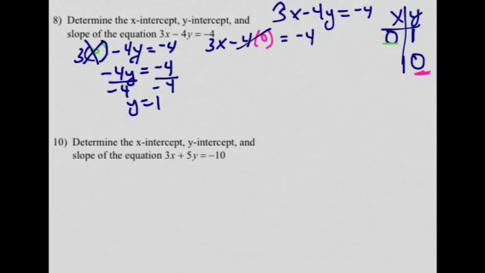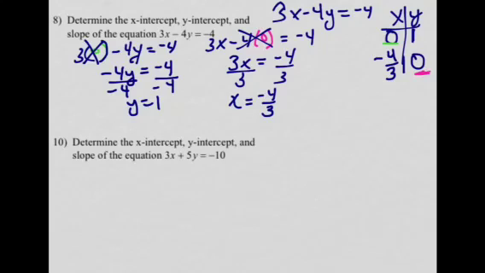Well, 4 times 0 is 0, so that cancels, and we're left with 3x equals a negative 4. So now we divide both sides by 3, and x equals a negative 4/3. So I'm going to go ahead and write that in there. X equals a negative 4/3.